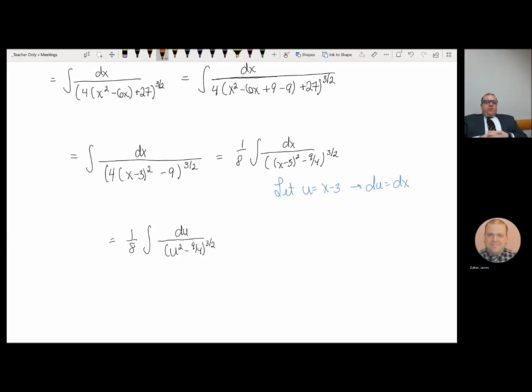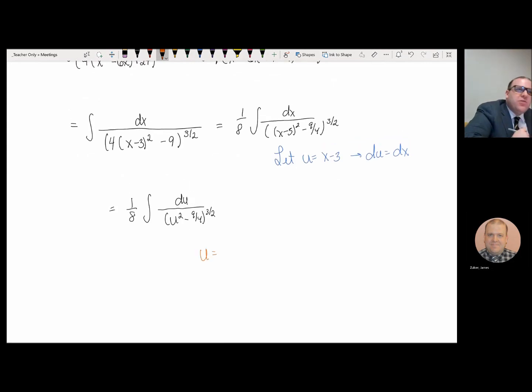For the form square root of u squared minus a squared, what is the substitution we make? So u is going to be what for our problem? Again, you know what a squared is. Yeah, but that's not what you want, right?